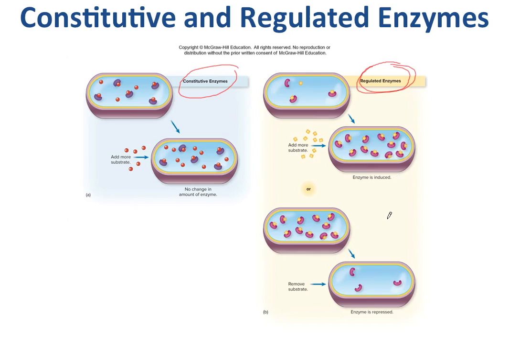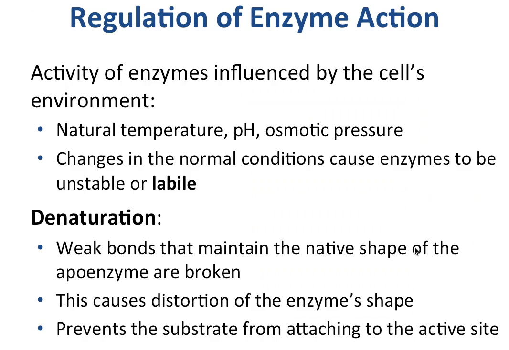If there is more substrate, the regulated enzyme number can be increased to increase the chemical reactions and produce more products. Once the chemical reactions are done, the enzyme numbers can return to the baseline level. So this is the regulated enzyme.